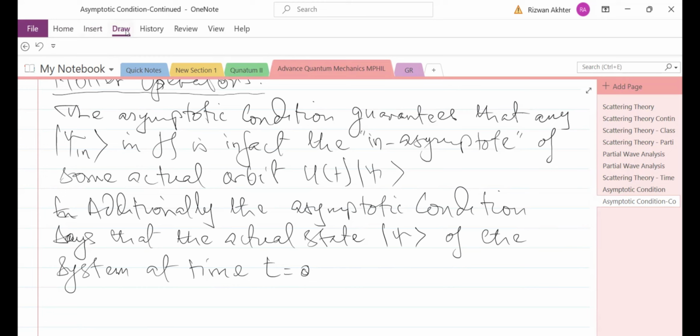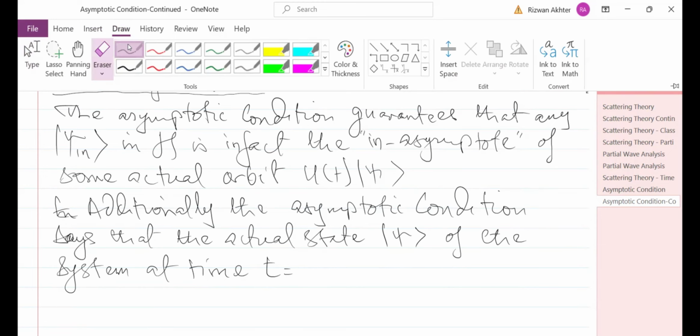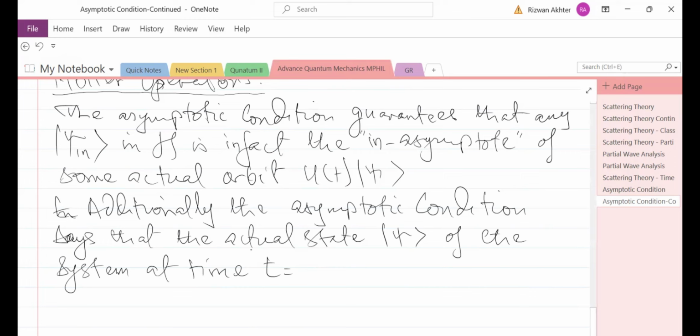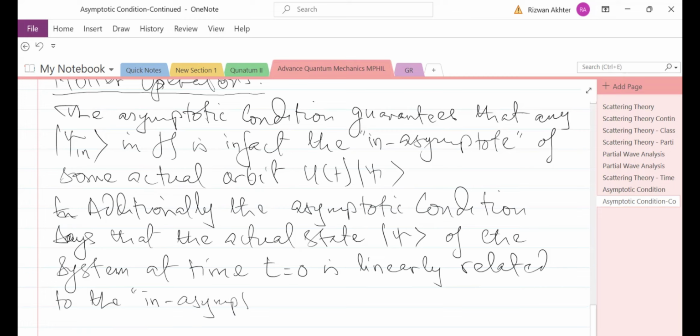is linearly related to the in asymptote psi in.